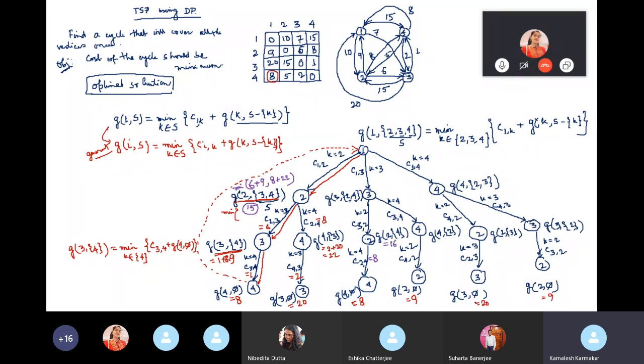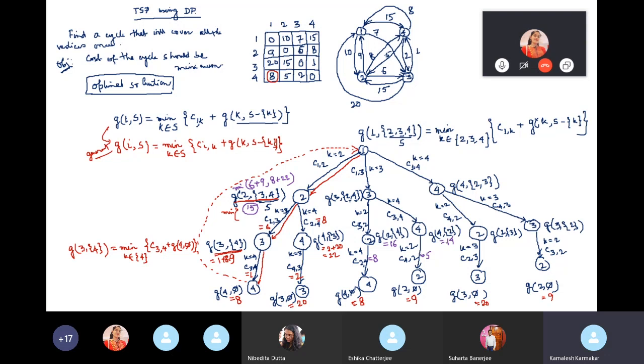Now if we follow this path, then it's C42. This value is 5. If this value is 5, then this cost is 5 plus 9, so the function is 5 plus 9, so it's 14. Okay.